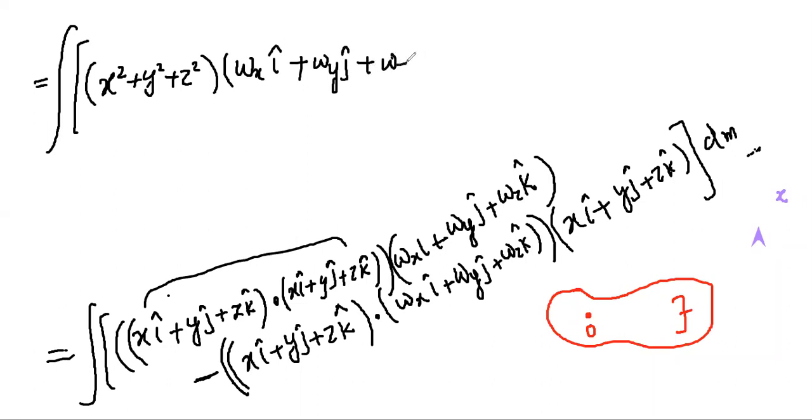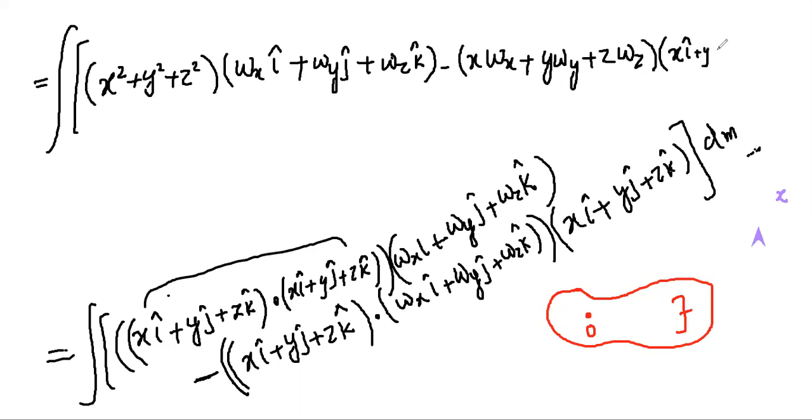Then we have the minus expression: x into omega x, y into omega y, z into omega z, so x omega x plus y omega y plus z omega z, multiplied by xi cap plus yj cap plus zk cap, and dm.